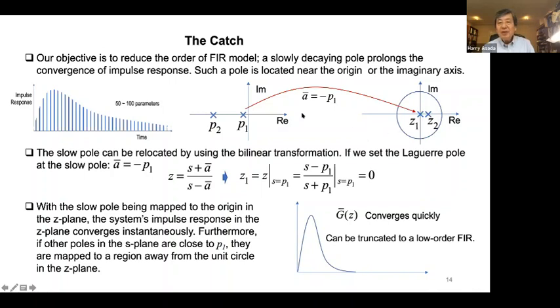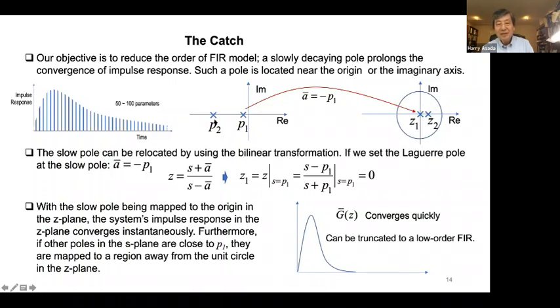You remember that the imaginary axis is mapped to the unit circle, right? And if the poles are sitting in the right-hand side, it's unstable, right? So this is the boundary, and so is the unit circle. Outside of this is unstable, inside is stable. As you get farther from the unit circle, it becomes faster and faster.